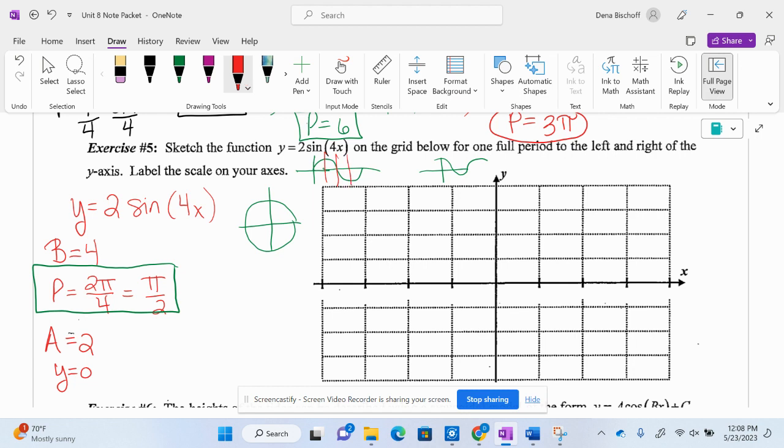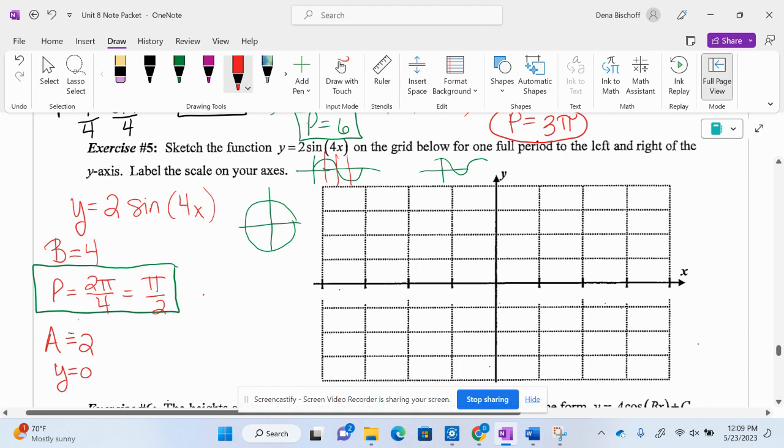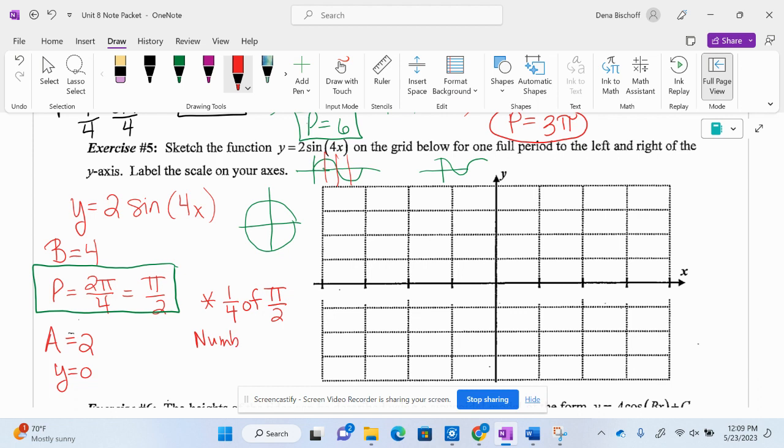So I need to figure out what 1/4 of pi over 2 is, because that'll tell me how to number my x-axis. So I have to break this up into fourths.